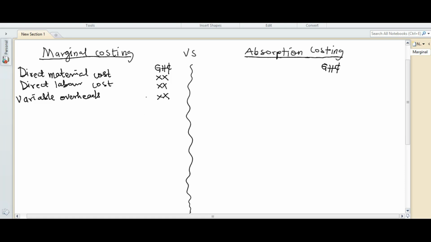So these three variable costs that we have at the left hand side here, I'll repeat the same thing at the right hand side because this will be the same for the absorption costing method and marginal costing method.